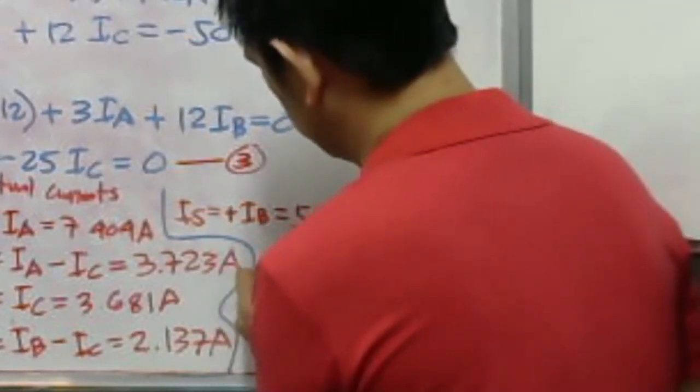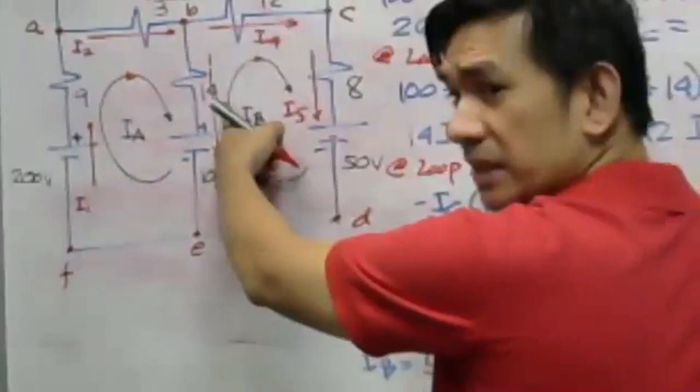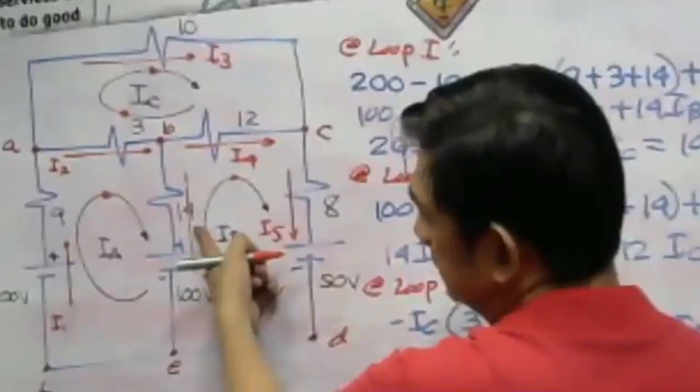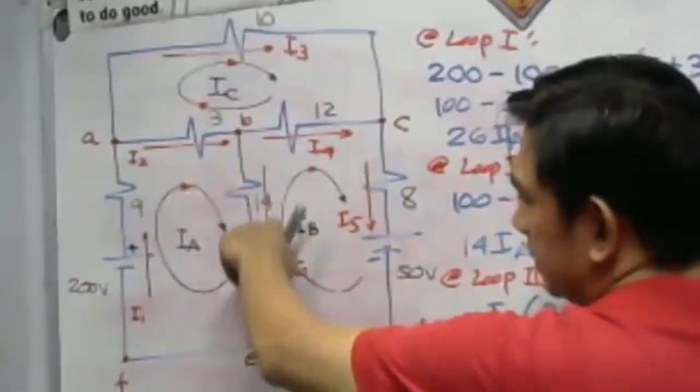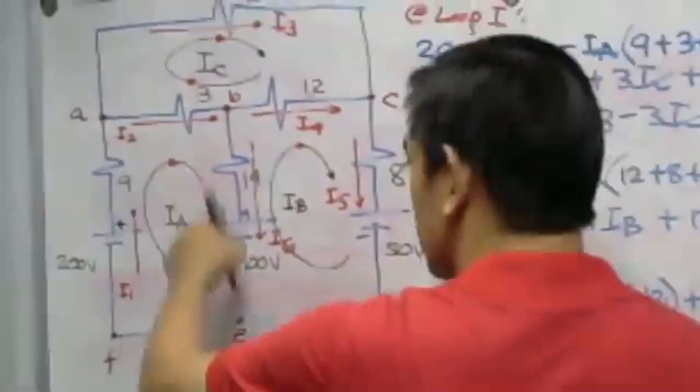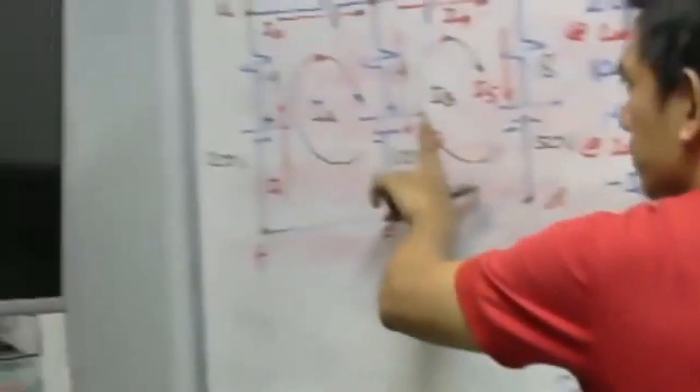What is our I sub 6? Where is I sub 6? Here. The current flowing through our 14 ohm resistance. Our I6 is going downward. Our IA is also downward. So therefore, that is simply IA. But our IB is going up.